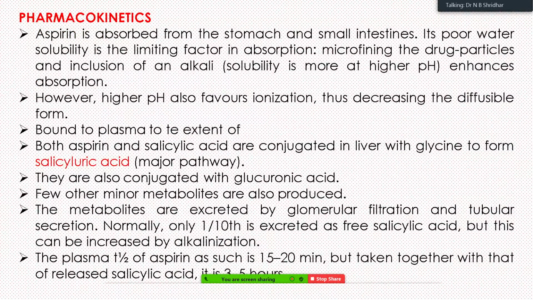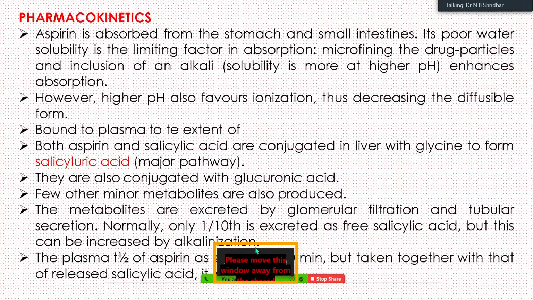Coming to the kinetics, aspirin is absorbed from the stomach and small intestine. Its poor water solubility is the limiting factor for absorption, so the drug particles are microfined. A higher pH favors ionization, and the more ionized drug is excreted in the urine. Both aspirin and salicylic acid are bound to plasma proteins. Salicylic acid is conjugated in the liver with glycine to form salicyluric acid, the major pathway, and also with glucuronic acid.